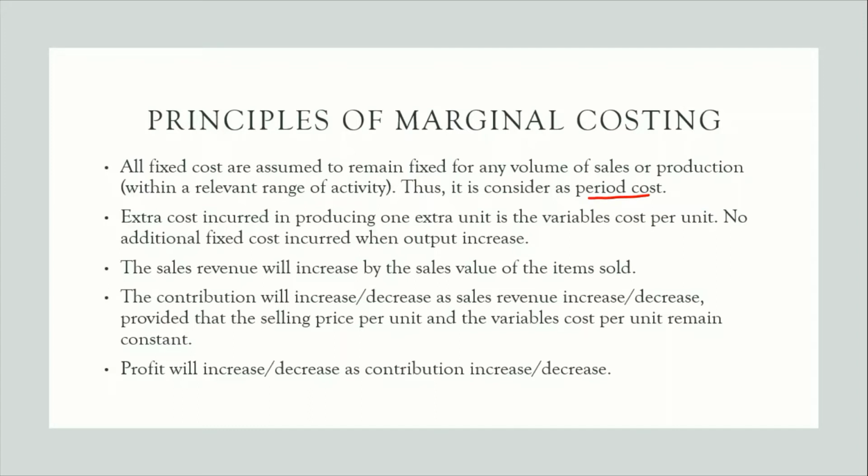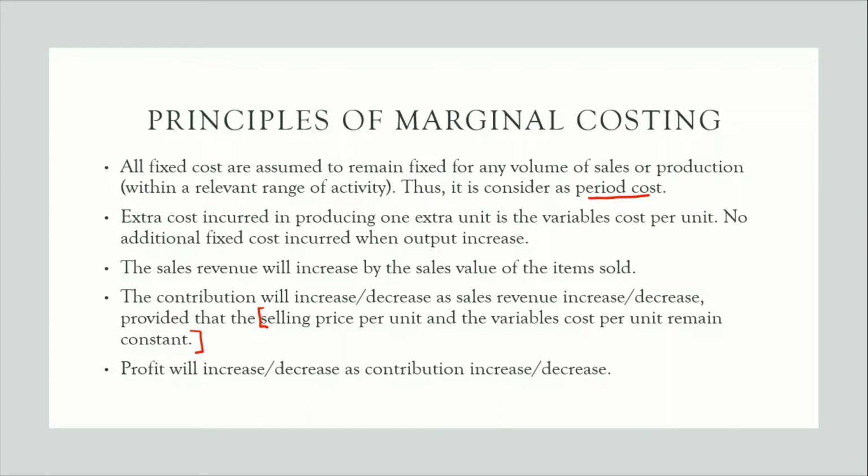Okay, the sales revenue will increase by the sale value of the item sold. Okay, so the sales increase as the unit produced increase. Okay, the contribution will increase or decrease as sales revenue increase or decrease, provided that the selling price per unit and the variable cost per unit remain constant. Okay, so when the selling price and the variable cost per unit remain the same, the contribution will increase if the sales revenue increase.